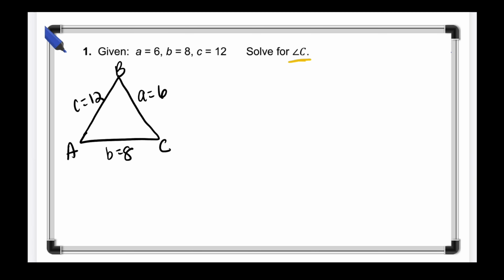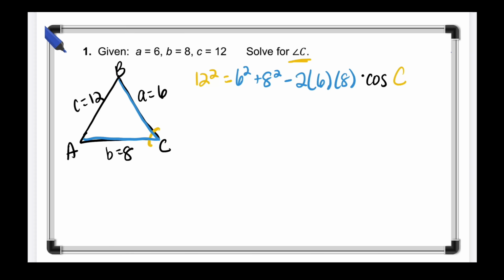And we want to find angle C. So we have C squared, so 12 squared, is equal to the sides that make up that angle, so 6 squared plus 8 squared minus 2 times those same sides, 6 and 8, times the cosine of angle C, which we are trying to find.